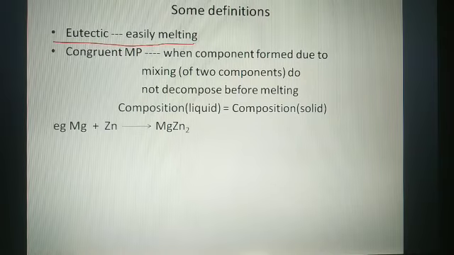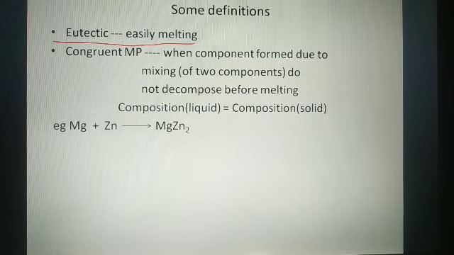There may be a case when one metal in the molten state reacts with the other metal to form a compound, and that compound has a fixed melting point, and that compound is stable up to its melting point. So when a compound is formed due to the mixing of two other components that does not decompose before melting, then we say it is the compound that has a congruent melting point.